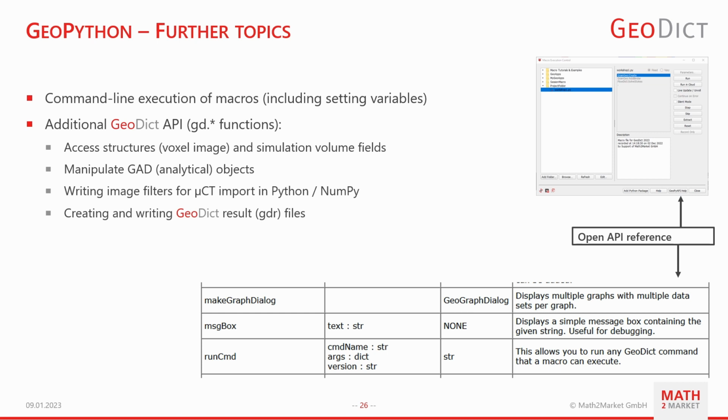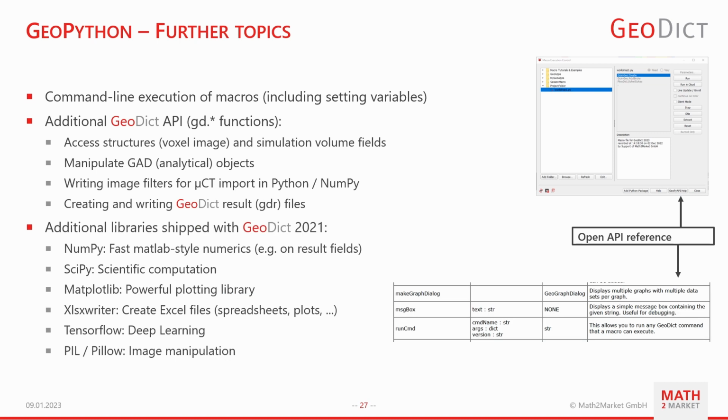Beyond that, we also include some additional libraries in GeoDict, namely NumPy, which, as I said, allows you to do fast numerics in the style of MATLAB. So basically, matrix vector style operations, for example, to run statistics, field manipulations, or mathematical operations on result fields. Or SciPy, which we used during this course, which is basically built on top of NumPy and gives you even more math for scientific computations. Then, of course, there's Matplotlib, which we used here too. Again, you'll find a lot of documentation about all of these libraries online, especially for the first three here.